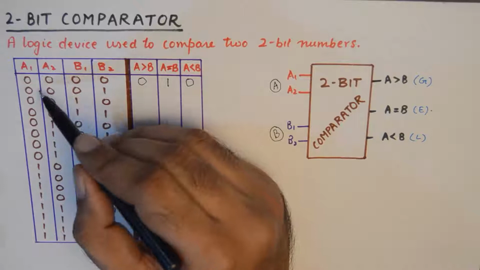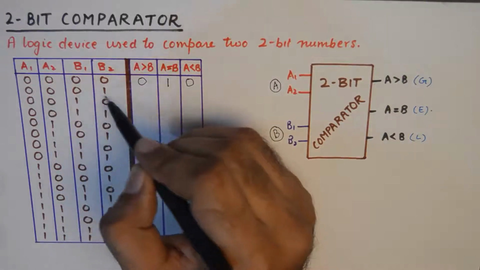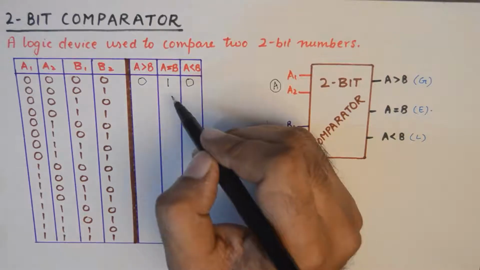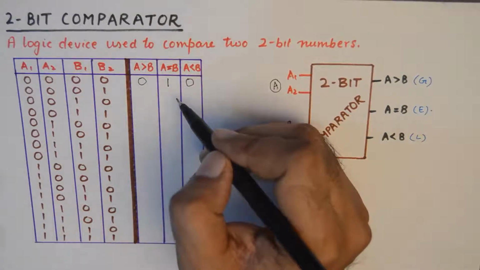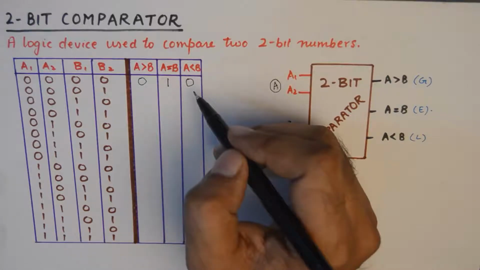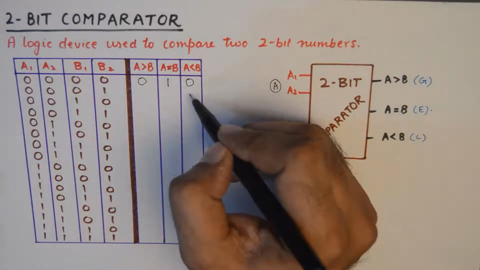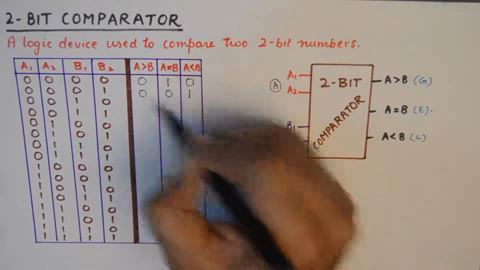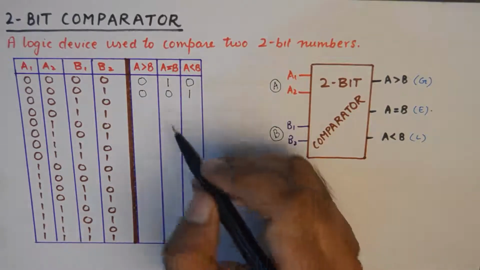In the second case, A is 0 0 and B is 0 1. So which is the case when A is less than B. So I'll say A is less than B. So I'll put a 1 here and a 0 0 here.